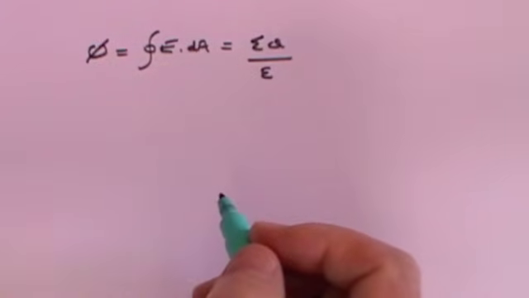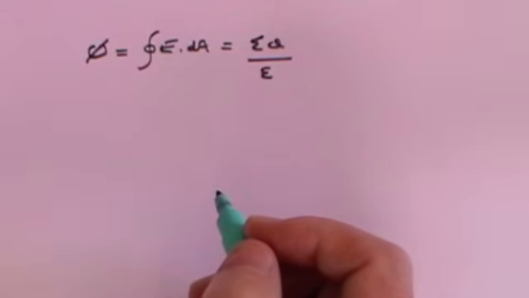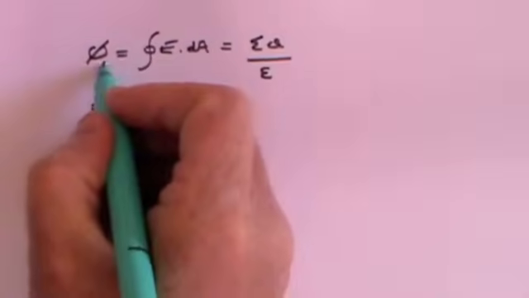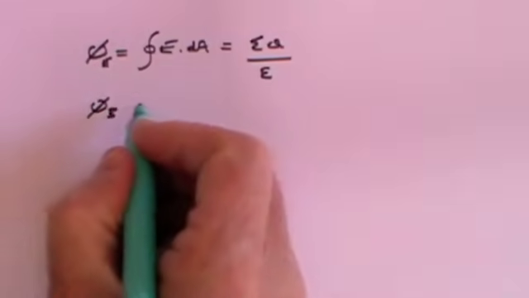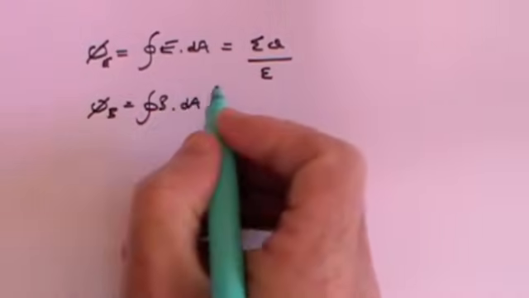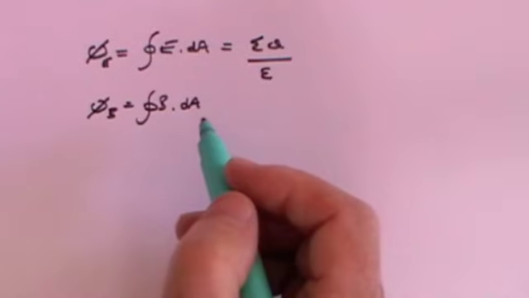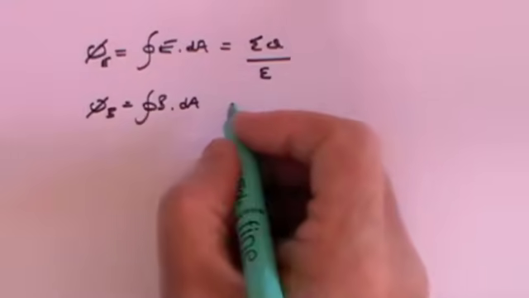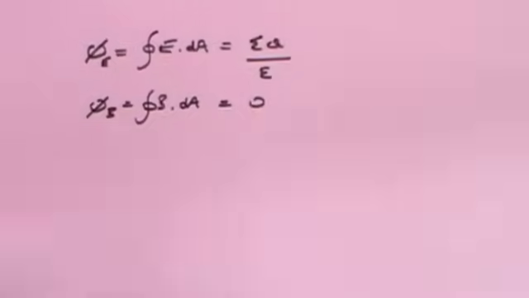That's the first law. The second law does the same thing for magnetic flux. So this was electric flux, this is magnetic flux, and the integral of B dot dA, the magnetic field going through an area over an entire surface, is equal to 0. And we said it was 0 because you can't have a north pole without having a south pole.